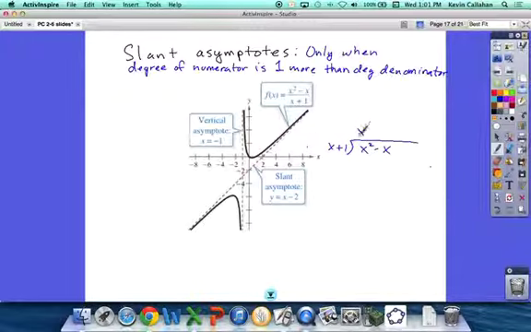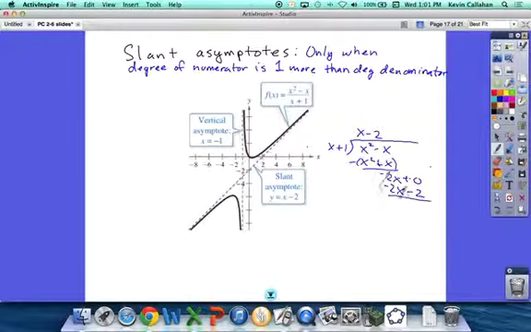That'll be x times x is x squared. x times 1 is x. Subtract, that's negative 2x. Okay, we don't have a constant term, I'll write in a 0. x times negative 2 is negative 2x. And then negative 2 times 1 is minus 2.